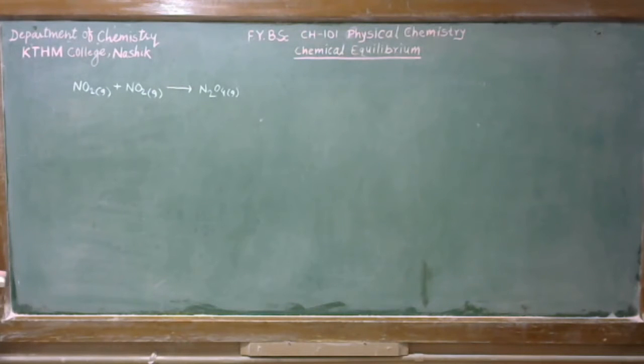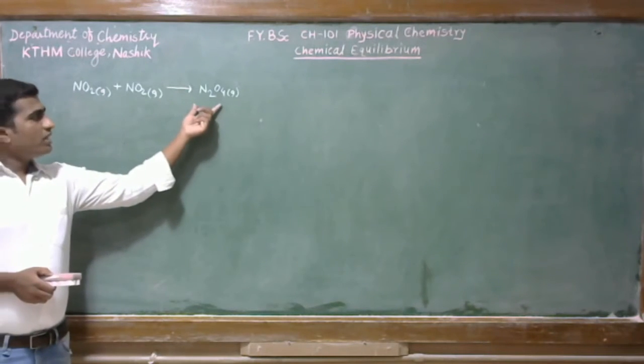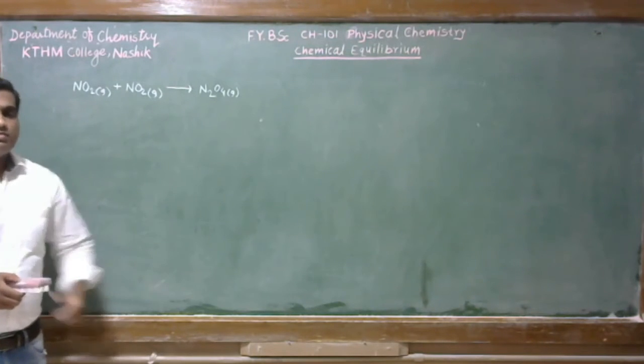Here the reactant NO2 is a dark brown gas and the product N2O4 is a colorless gas.